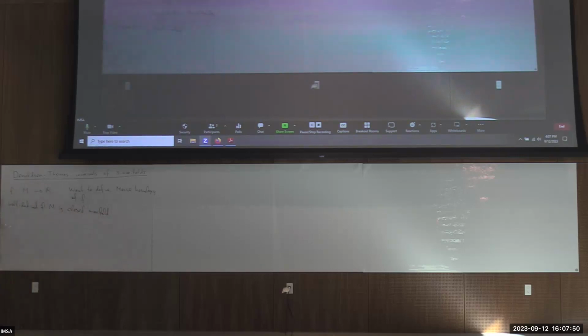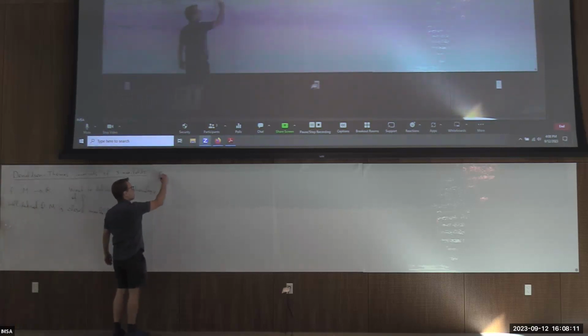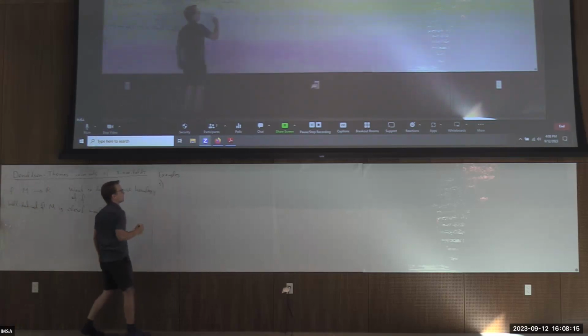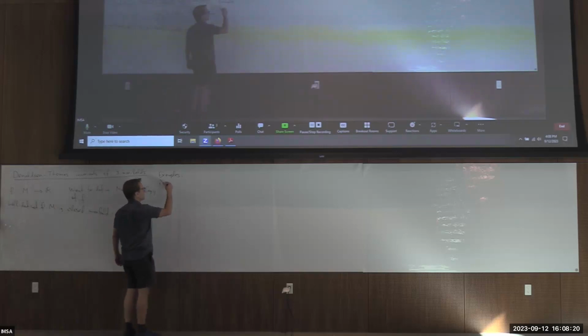But often, if you look at examples from physics, we're interested in cases where M is not compact, and non-compact in a very strong sense. We're interested in the case when M is actually infinite dimensional. So here are two interesting examples from physics that you might be familiar with, some related to the talks earlier today.